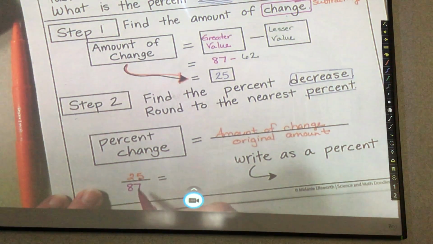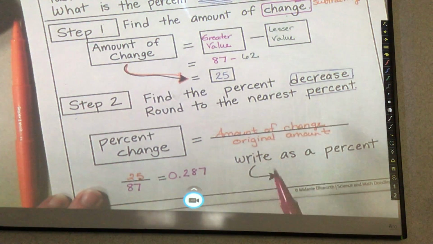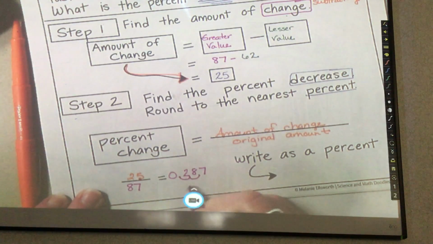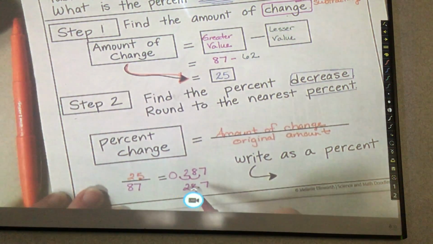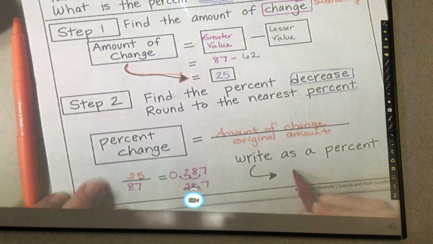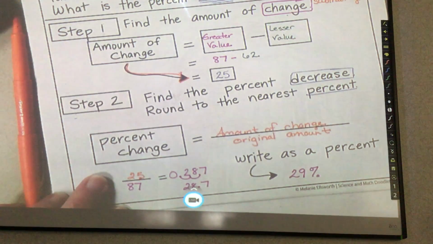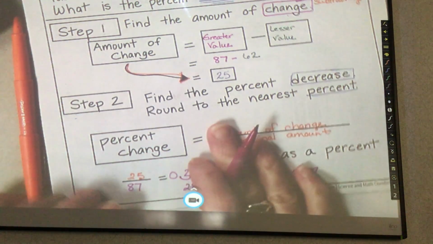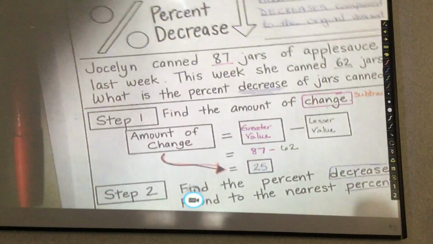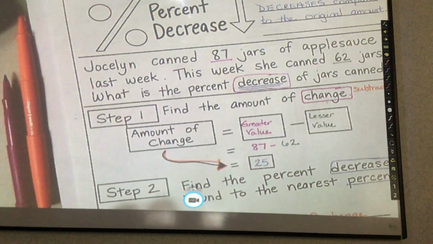Put that in our calculator and you get 0.287. 28.7, but we need to write it as a percent and we round it to 29%. This is the exact same thing, isn't it? The only thing you have to be careful about when you're reading the story problems is whether it says decrease or increase.